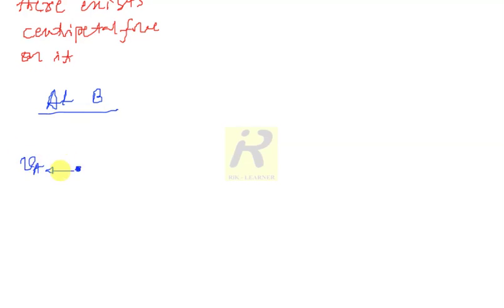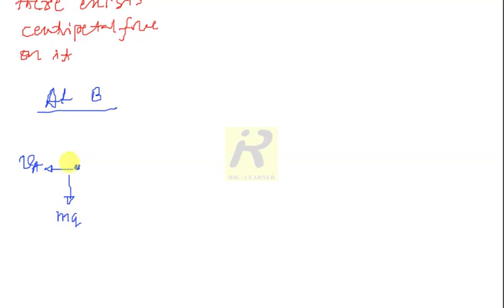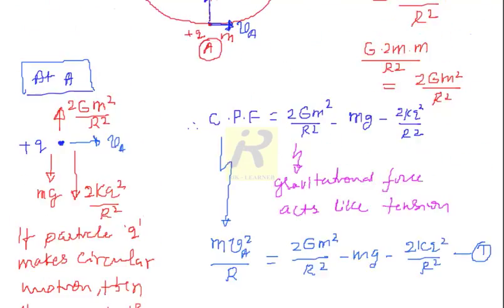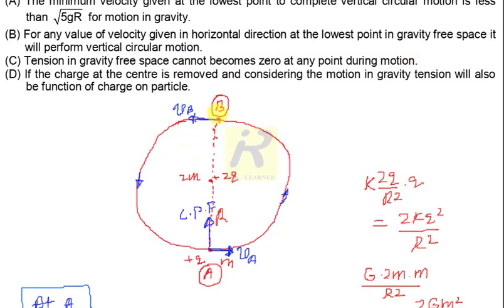The gravitational force is acting downward, which is always mg. And one more thing is the gravitational attraction between the two particles, 2Gm² divided by r², and the repulsive force acting here, 2kq² divided by r². So now be careful. At B the particle is at the highest point.